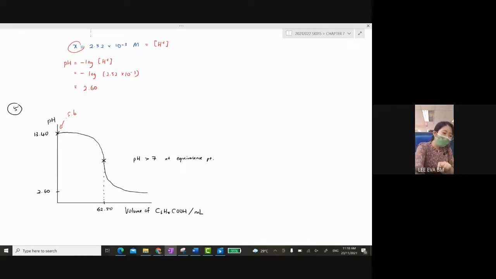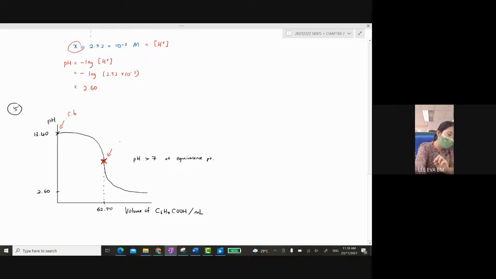But when you reach the equivalence point, this X mark, all the acid and all the base completely react. So the remaining solution inside the conical flask is just salt and water.